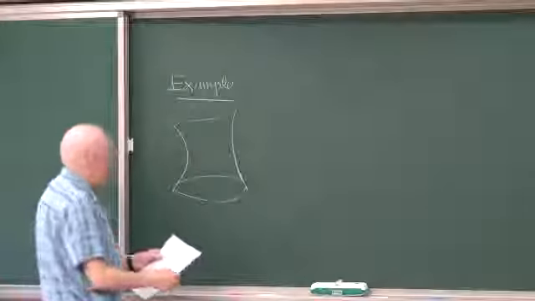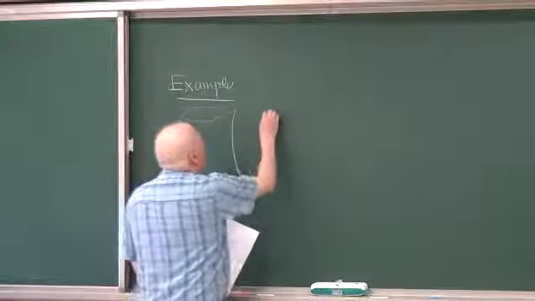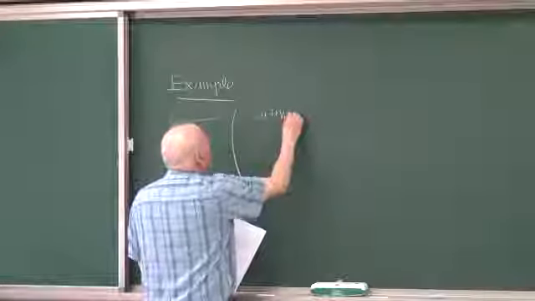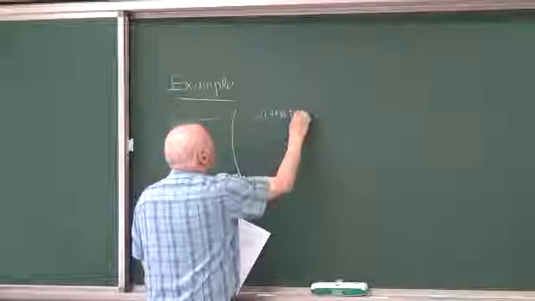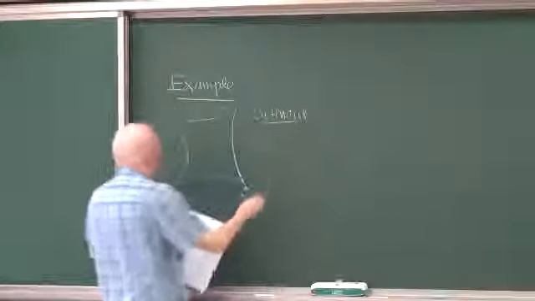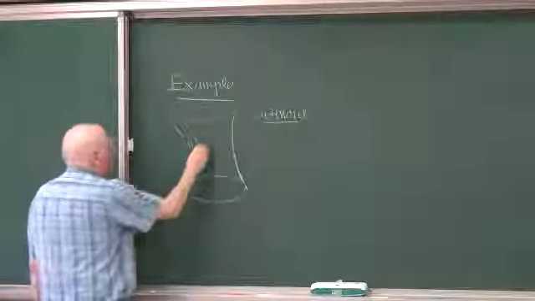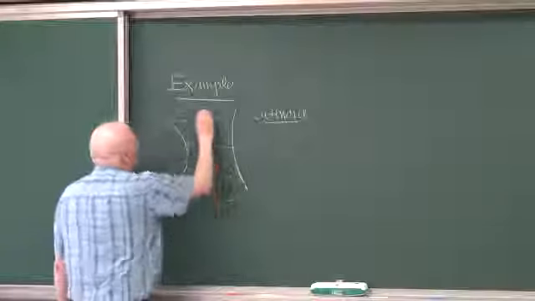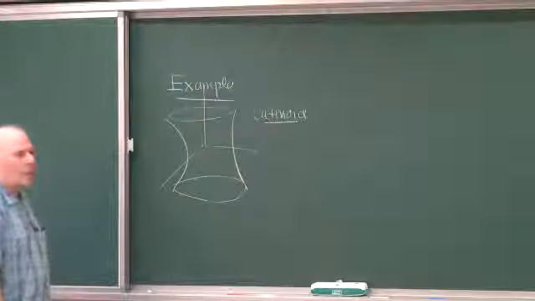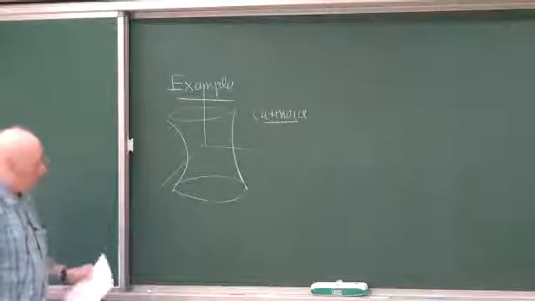And this is the catenoid. You take a hyperbolic cosine and rotate it around the z-axis, and you get a catenoid.